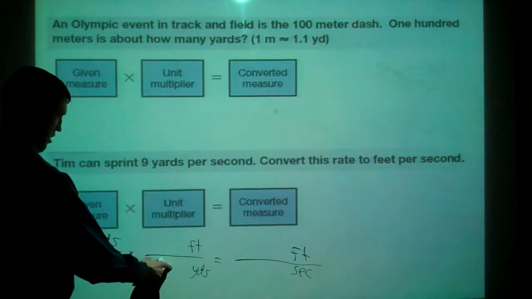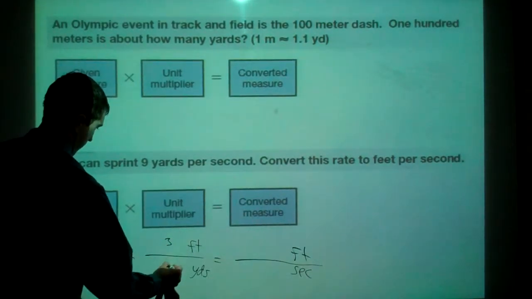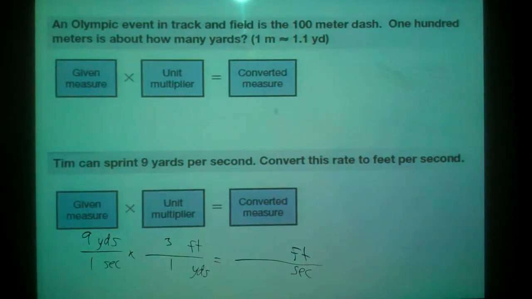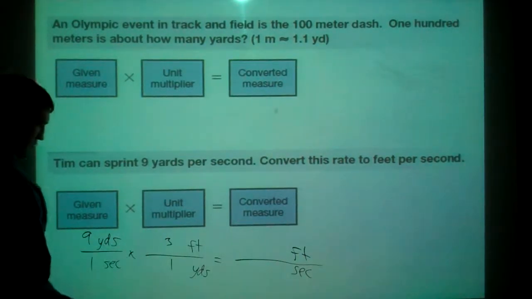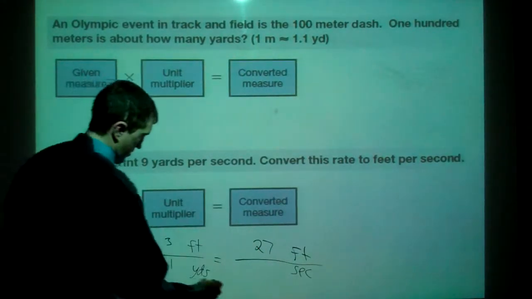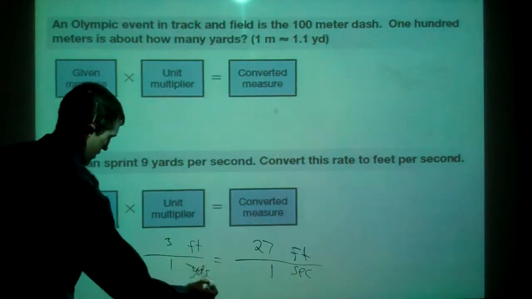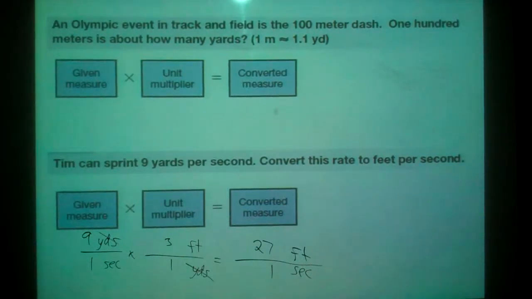Well, how many feet are in a yard? 3 feet in 1 yard. So really we have 9 times 3 is 27. 1 times 1 is 1. Alright, these canceled out. So we have 27 feet per second.